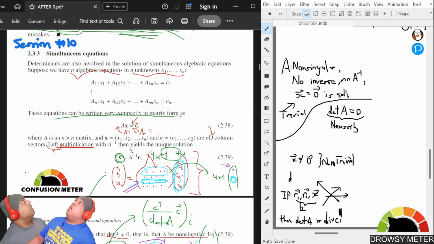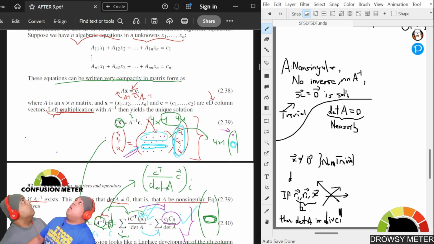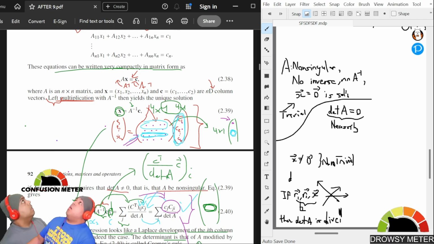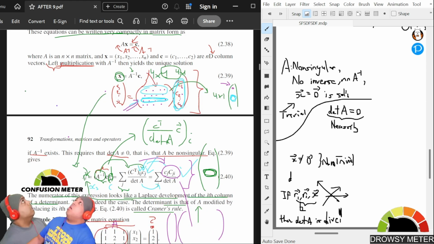These equations can be written down very compactly in matrix form, where A is an n by n matrix and x and c are n-dimensional column vectors. Left multiplication by A inverse gives us this, if A inverse exists. This requires that the determinant of A is not equal to 0, that is, that A be non-singular.